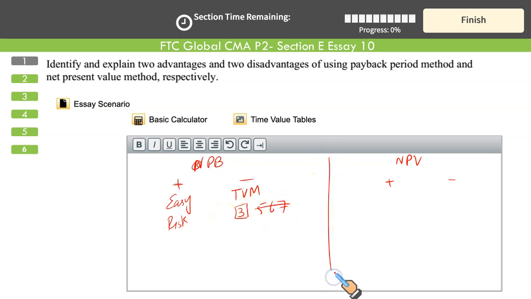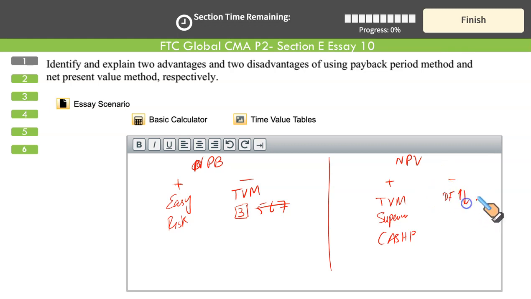What about NPV? The advantage of NPV is that it considers time value of money. It is considered to be the superior and widely used method of project evaluation. It focuses on cash flows. What are the drawbacks? NPV is highly sensitive to the discount factor.